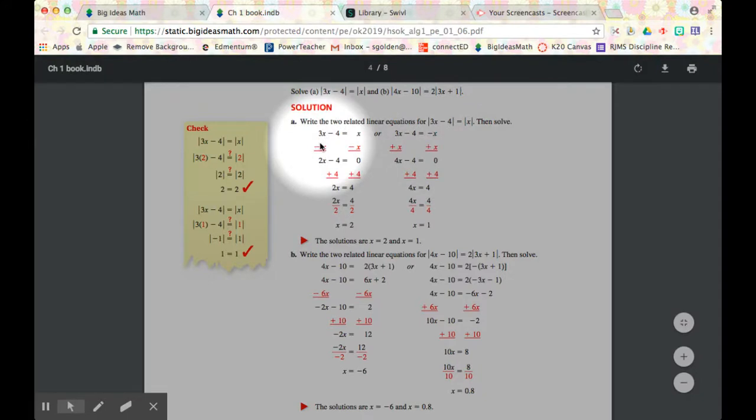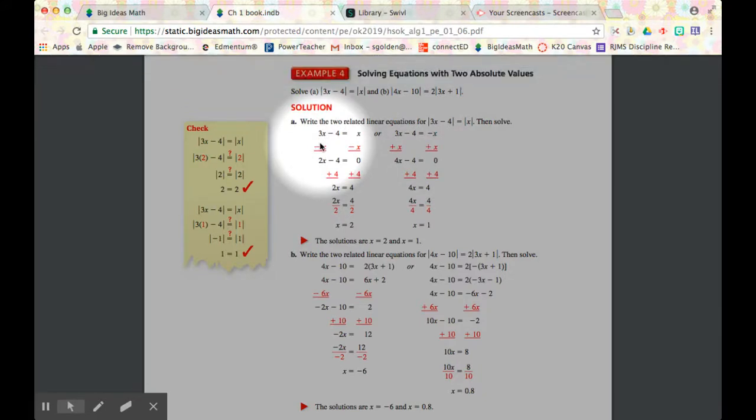So you have to get your variables together first now. That's what I was trying to say. I apologize. So we've got to get our x's together. And I have to say I disagree with how they worked this one out. They went ahead and got rid of this x and canceled everything out from over here. And some problems that will mess you up.